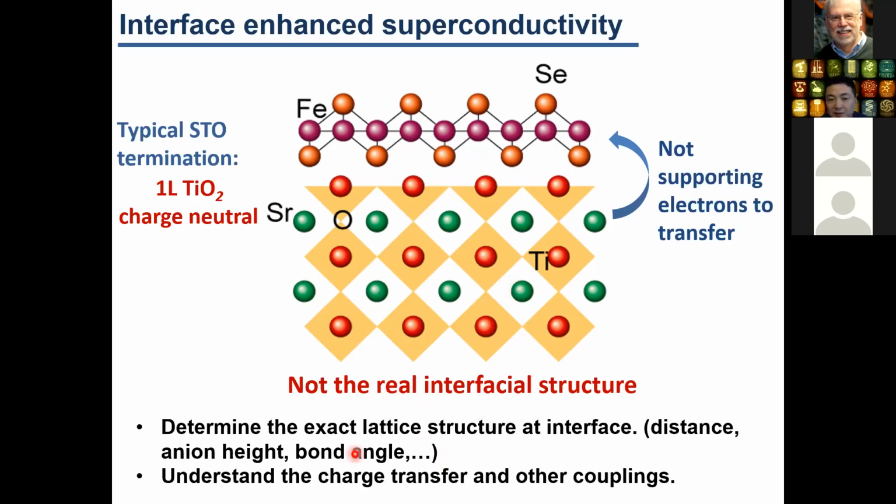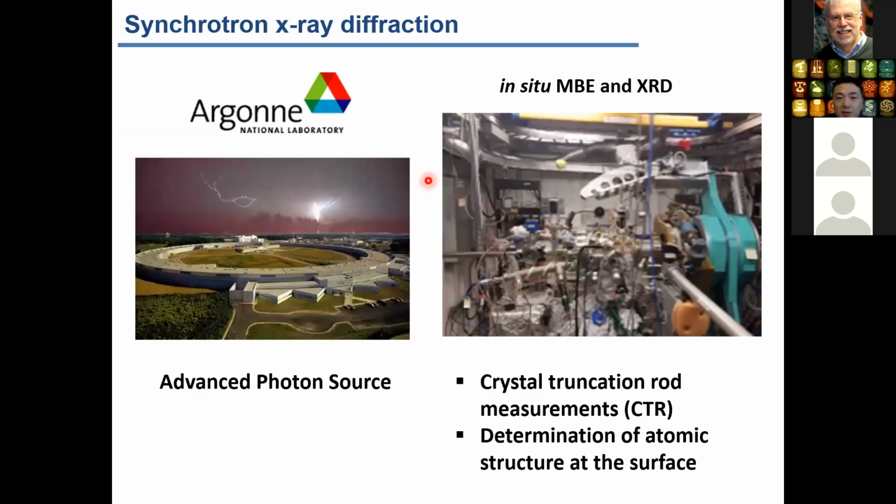What we want to do is determine the exact lattice structure, and understand the charge transfer and other couplings. It turns out to be not a trivial task, because we are talking about one layer of iron selenide and a few layers on top of STO. So how do we measure that? We have to go to Argonne National Lab to do a synchrotron X-ray diffraction measurement.